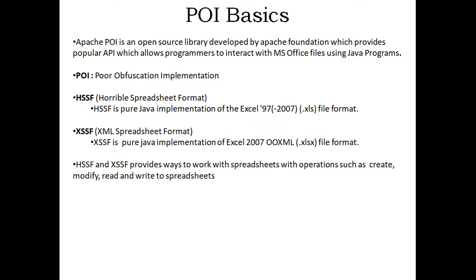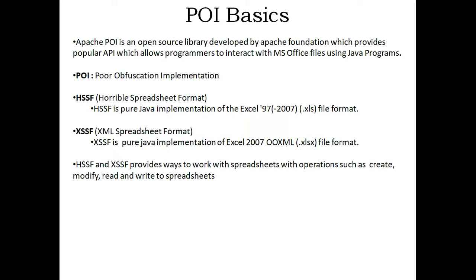It is not only Excel sheet, it can also interact with Word and other MS Office files. And Apache POI libraries are free to use. Okay, so let us see what is POI. POI is nothing but poor obfuscation implementation of libraries which interact with MS Office files.